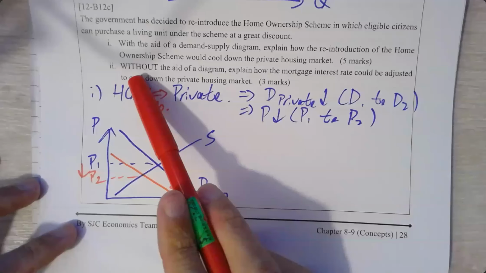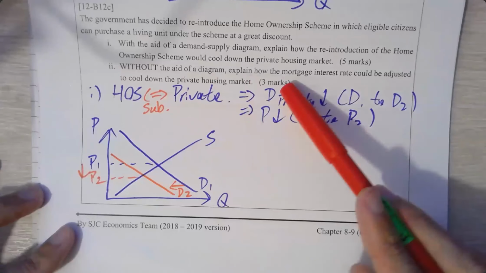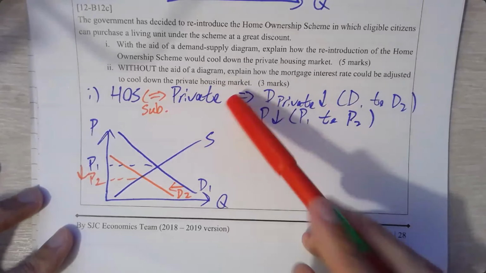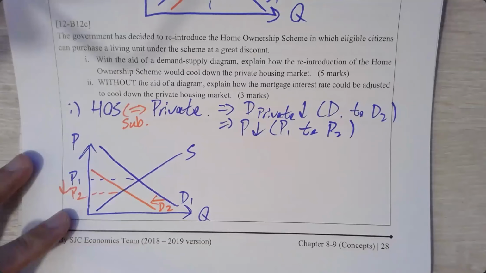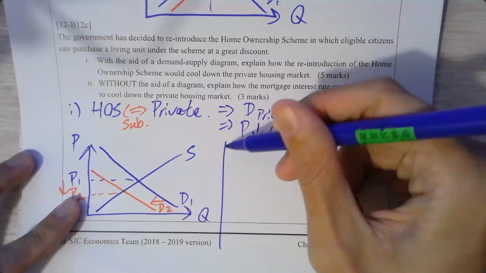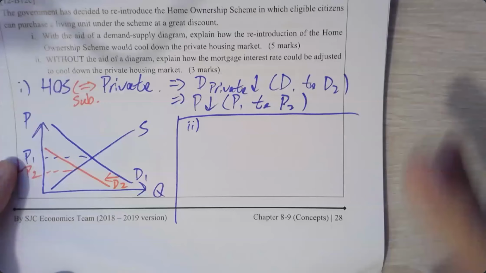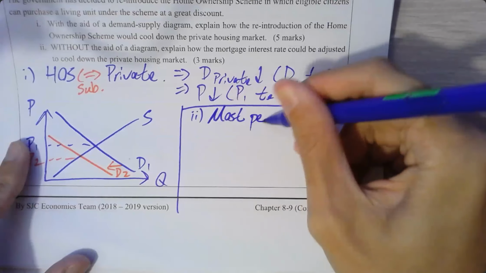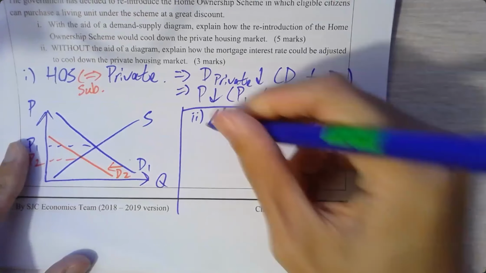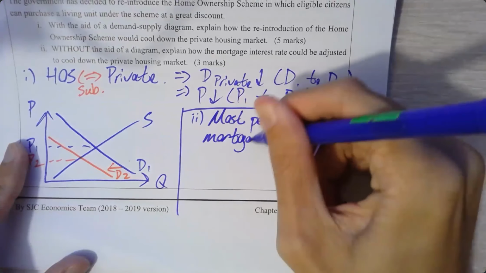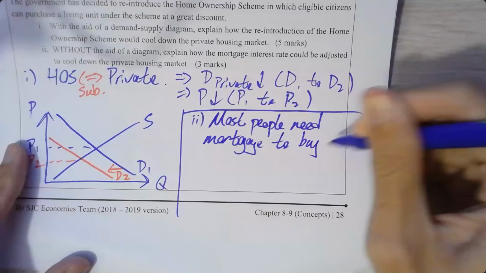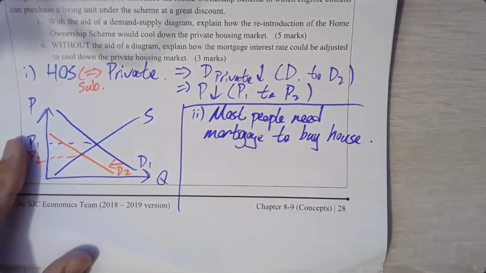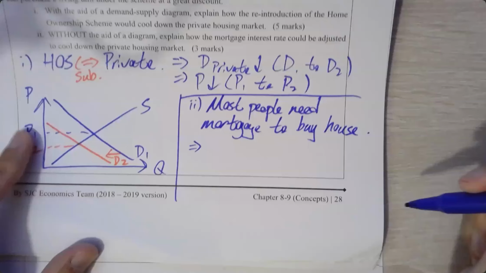OK, 好啦，跟住第二條啊，without the aid of the diagram, explain how mortgage interest rate could be adjusted to cool down the private housing market。好啦，慢慢嚟啊，呢個有啲難啊，Part Two。OK, now we need to establish the fact that most people need mortgage to buy house, 係嘛？要去做個 mortgage 啊。Therefore, what is their relationship?